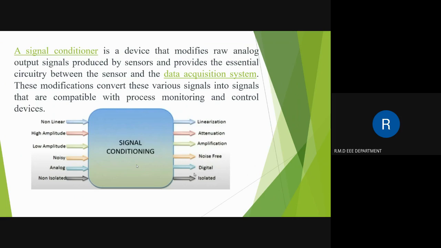So the different functions of signal conditioning are amplification, modification, impedance matching, data processing, and data transmission. Amplification means the enhancement of the signal level from the low level range.